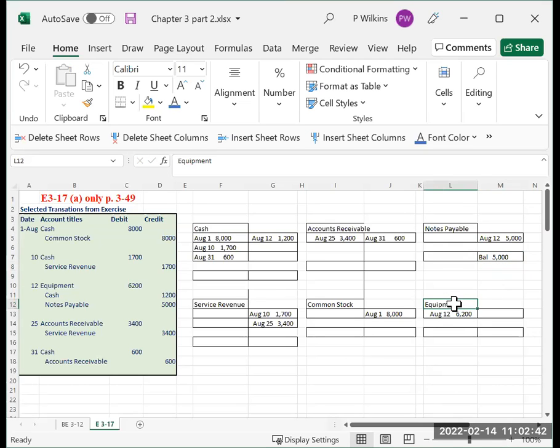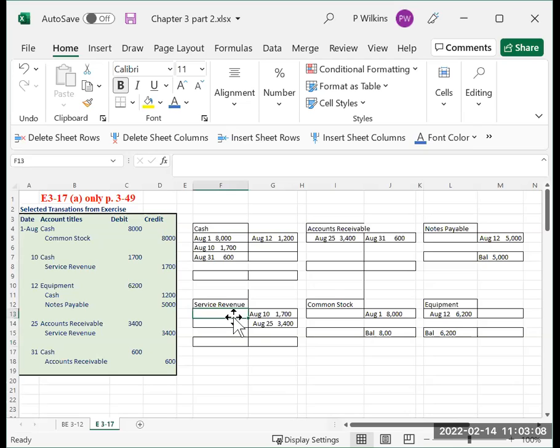Let's go down to equipment right below. It says equipment has $6,200 on the debit side. Equipment is an asset. Assets have a debit balance, so the normal side is $6,200, so that's correct. Common stock is a credit balance account, and so we see it has $8,000 on the credit side, so we're going to balance that one.